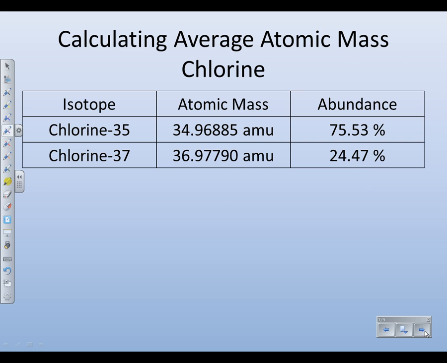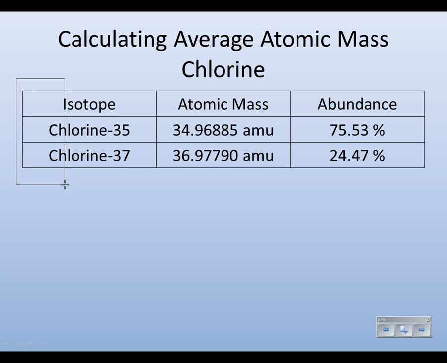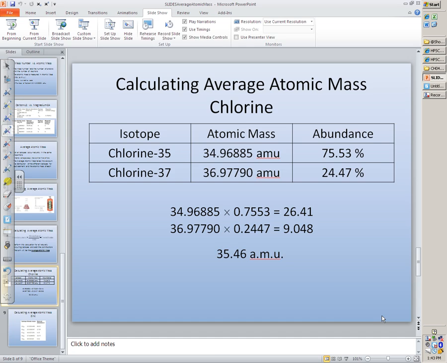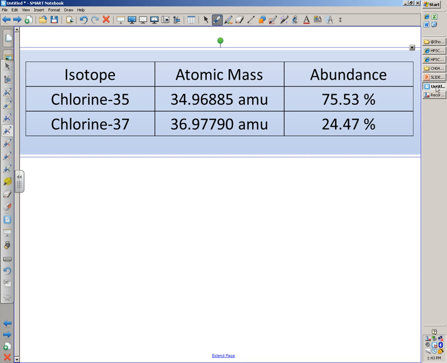For example, here's some data for chlorine. So, how many isotopes of chlorine do you see here in this table? 2, so you only have to do 2 calculations. So you start off with chlorine 35.